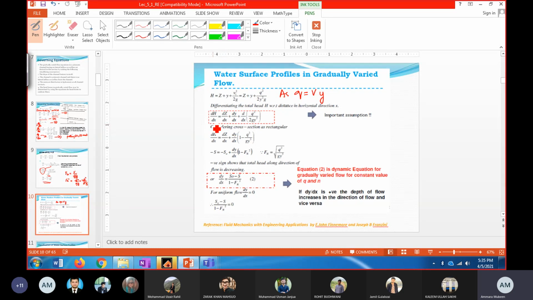Then after differentiation, they get the same value. Here dH over dx is Sf, okay, which is equal to minus S naught plus dy by dx times 1 minus Froude number square. So this q square over g y cube is actually the Froude number square.